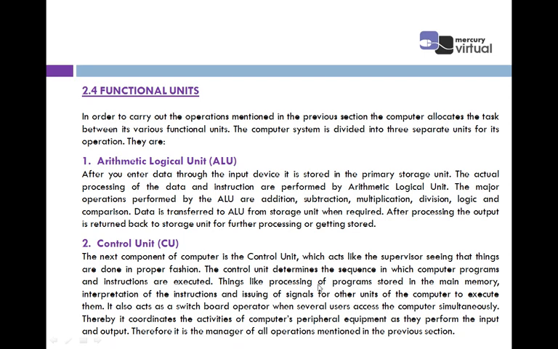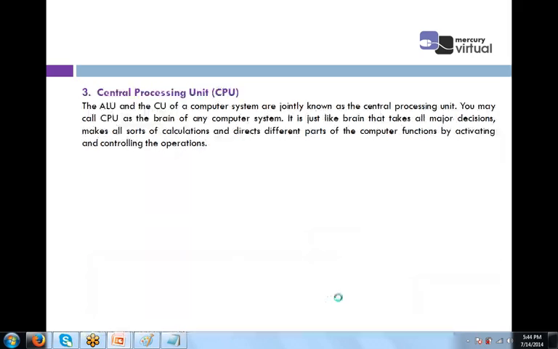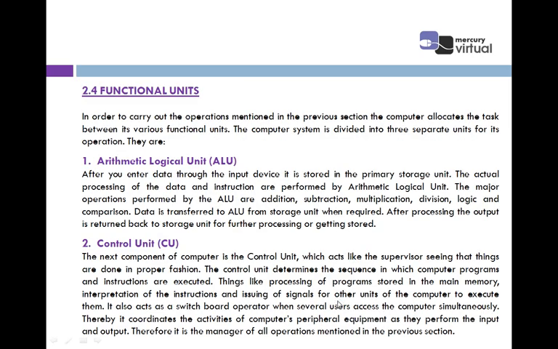Things like processing of programs stored in the main memory, interpretation of the instructions. Interpretation means doing the processing, refining the things. All these come under the interpretation of the instruction, and issuing of the signals for other units of the computer to execute them. As I told you, CU is the main component. CU is the supervisor, so it issues the signal to the other components to execute their operations.